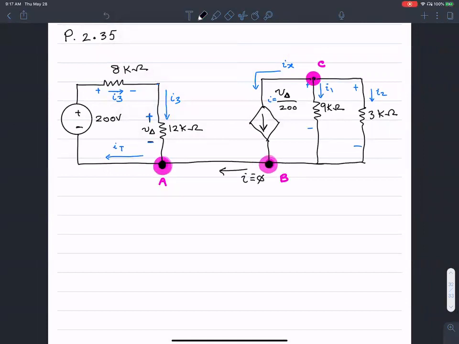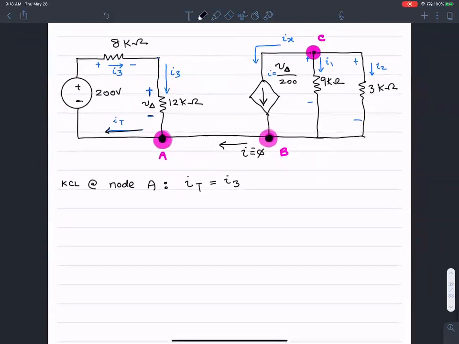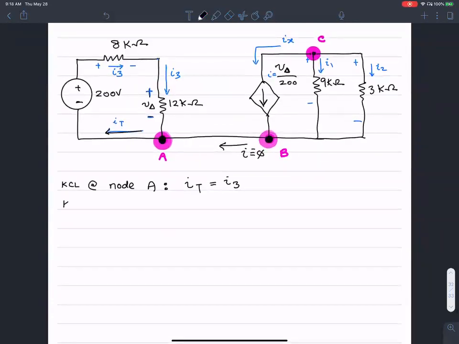Very well. Let's start by setting up KCL at node A. KCL at node A: I total, the current leaving that node, equals I3 plus I0, which is 0, right? So that's a trivial equation.